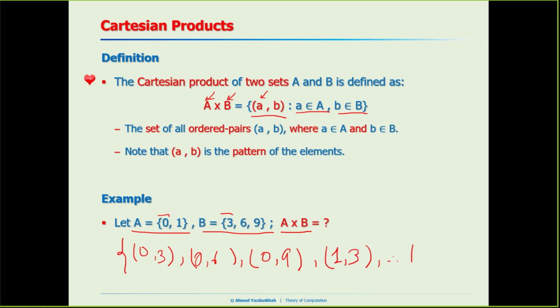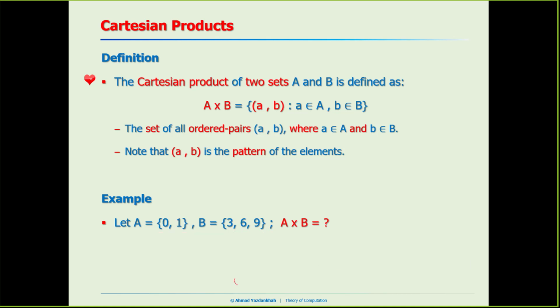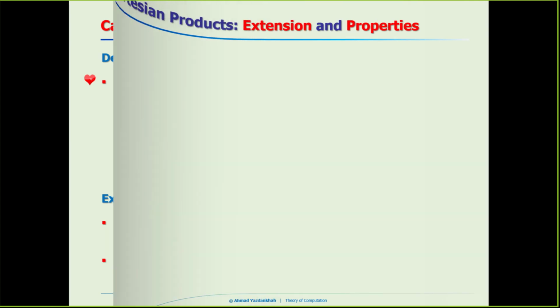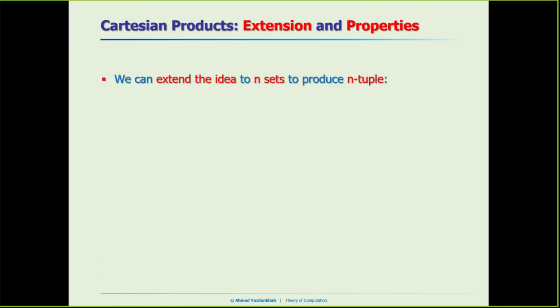The last one will be (1, 9). Okay, so this is the Cartesian product that we will be using in this course a lot. We can extend this idea to n sets to create what? N-tuple, like this.